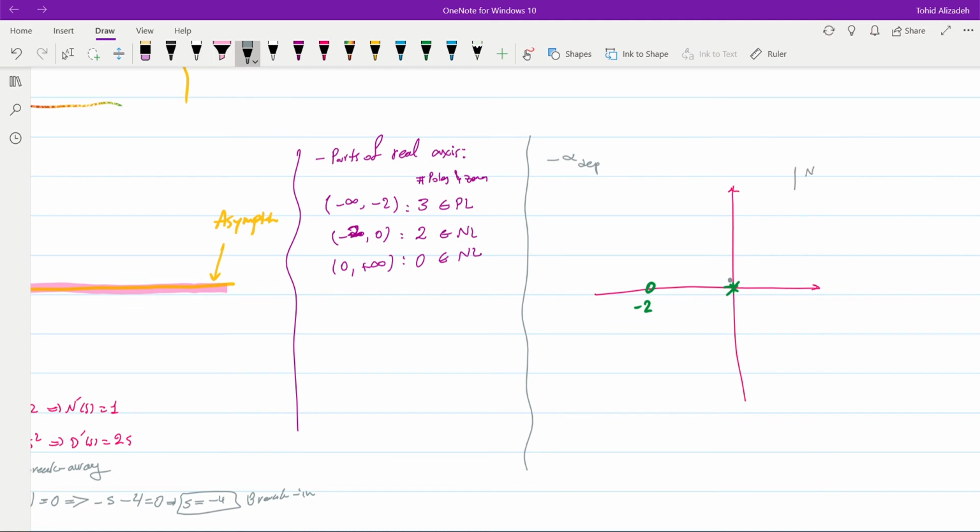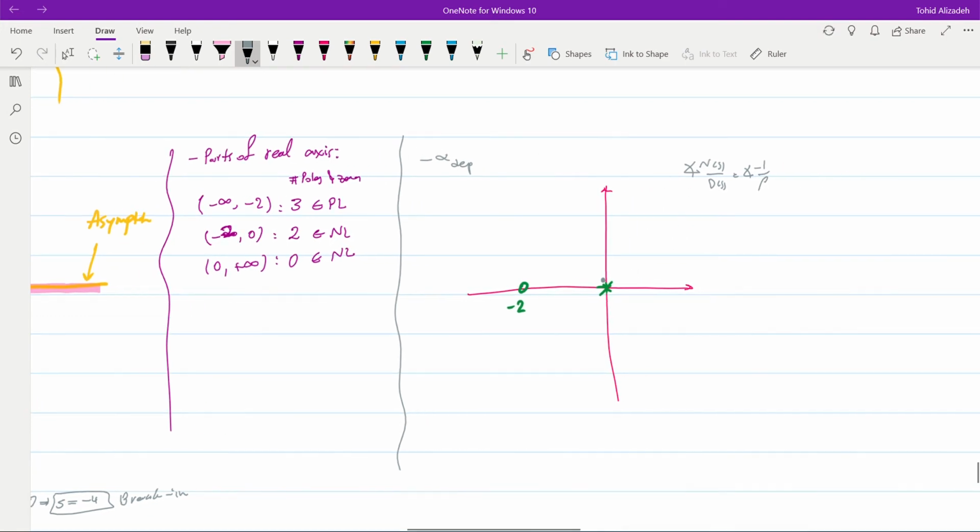Phase condition tells us that phase of n over d is equal to phase of minus 1 over rho. We are going to do it for the positive locus. For positive values of rho, this will be equal to 2h plus 1 times pi. Phase of n over d could be written in the form of phase of n minus phase of d evaluated at s star.